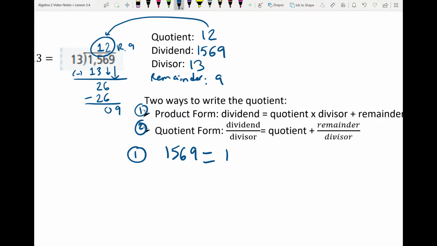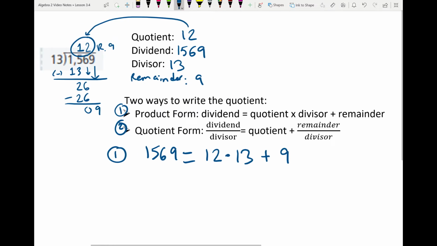So the 1569 is 12 times, and I'll just use the dot for times instead of the x. So 12 times, and then our divisor, which is 13, plus the remainder of 9. Okay, so that is how you write it in the product form. Well, 12 times 13 is going to be 1560, and then 1560 plus 9 is 1569.